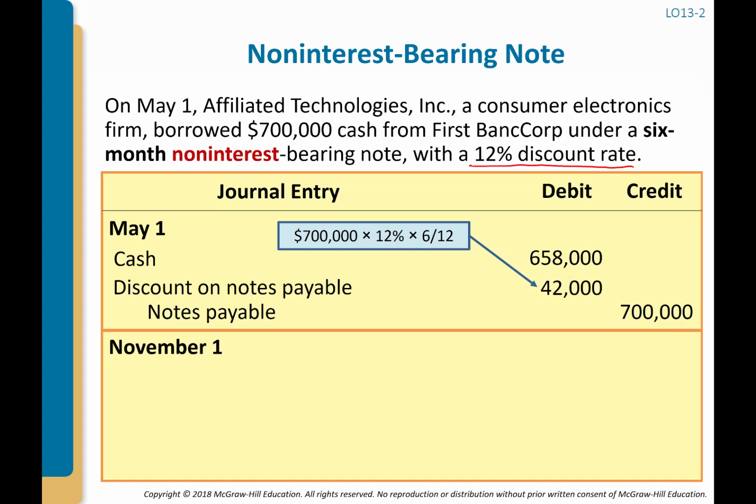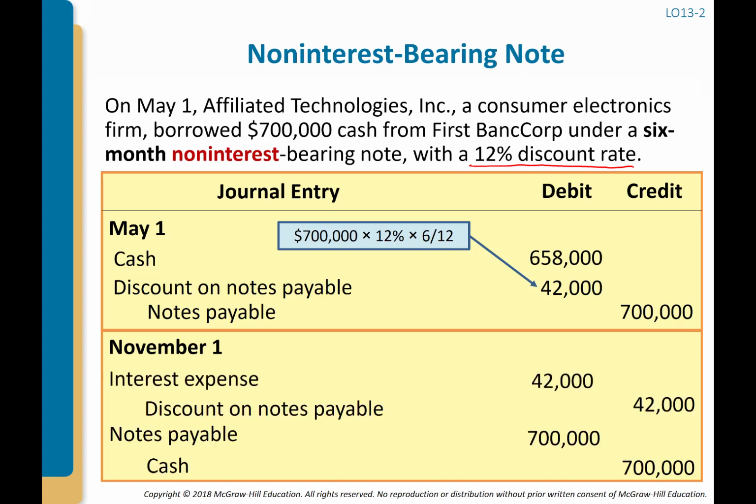Now, when you look at something like this, we would then have interest expense of $42,000. We would credit the discount when we pay the note back. We would debit the notes payable and credit the cash when we pay the note back. Okay, so if it's non-interest bearing, you're going to treat that as a discount.